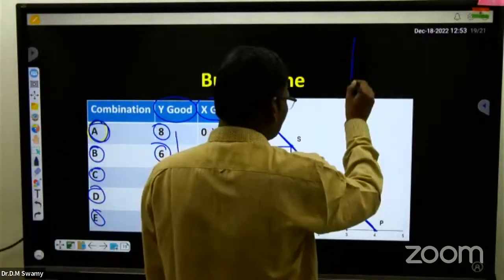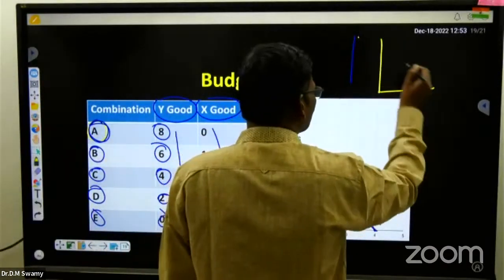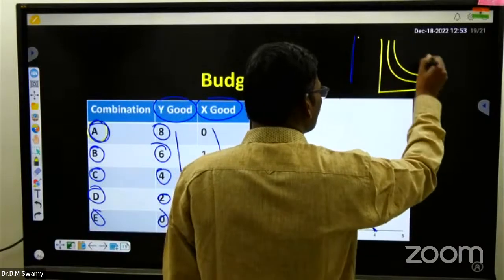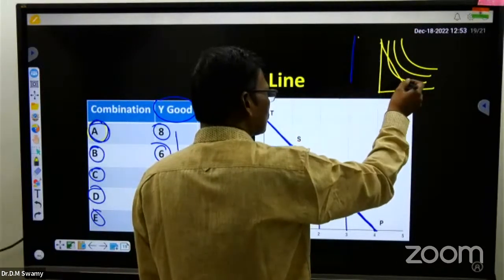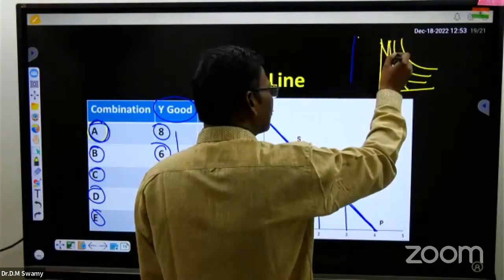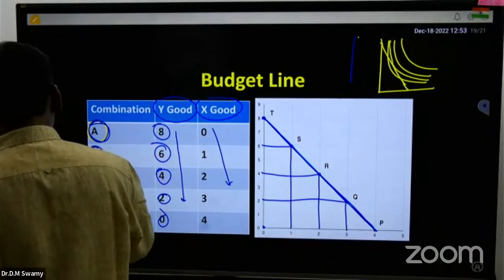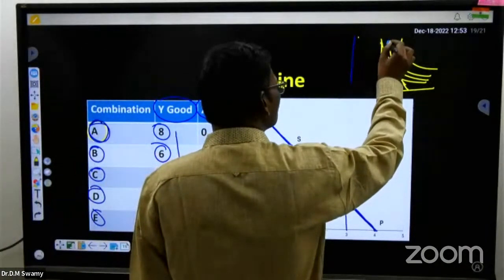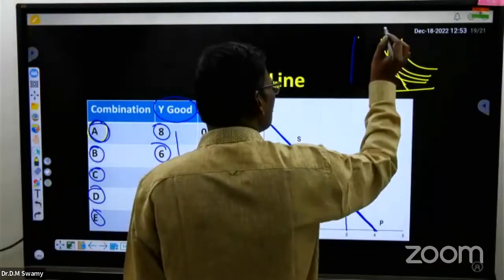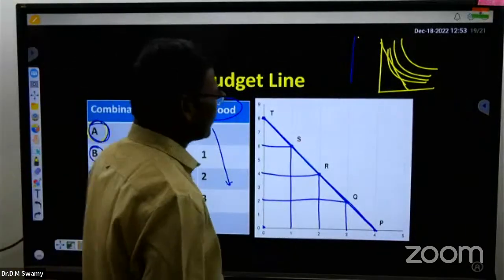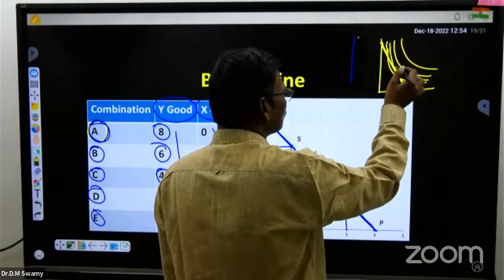You know the indifference curve will be like this, and you know the budget line. So where is your budget line going to intersect? This is the budget line, and this is the indifference curve.